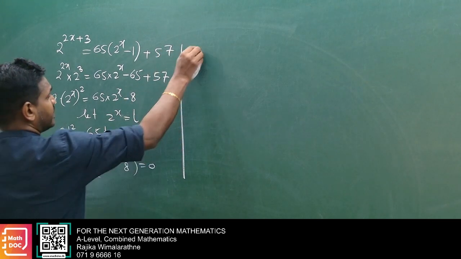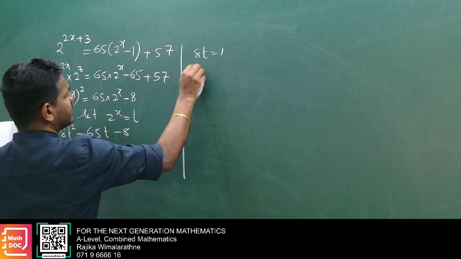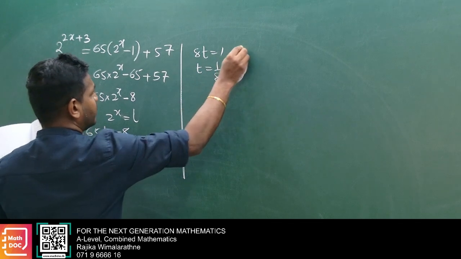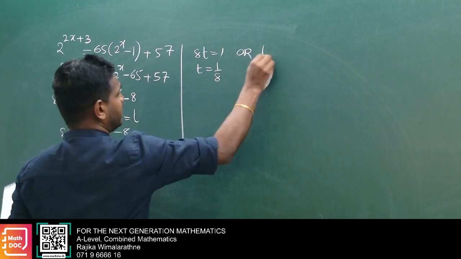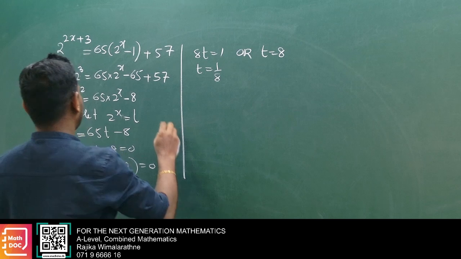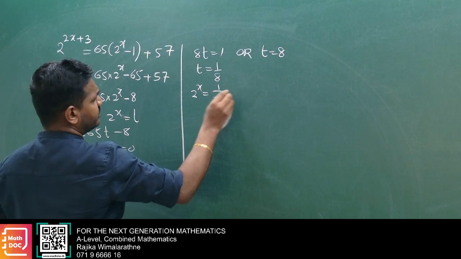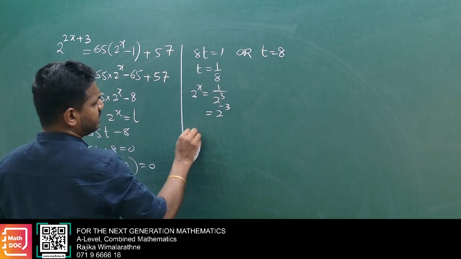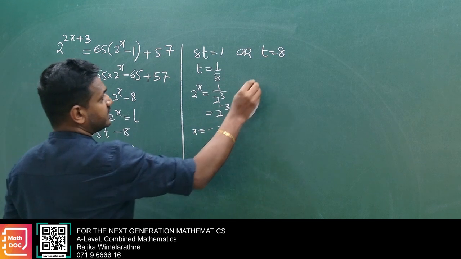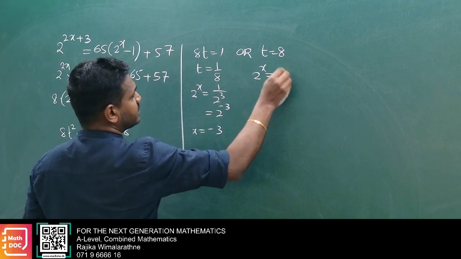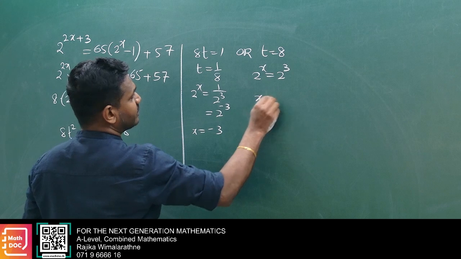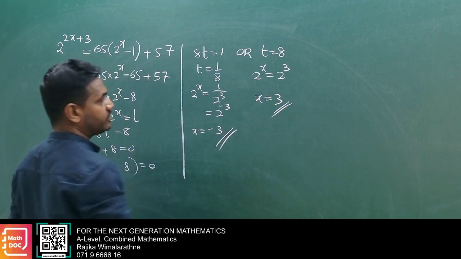Then t equals 1 over 8 or t equals 8. t means 2 to the power x. 1 over 2 cubed is 2 to the power minus 3, so x equals minus 3. 2 to the power x equals 2 to the power 3, so x equals 3. We have two possibilities.